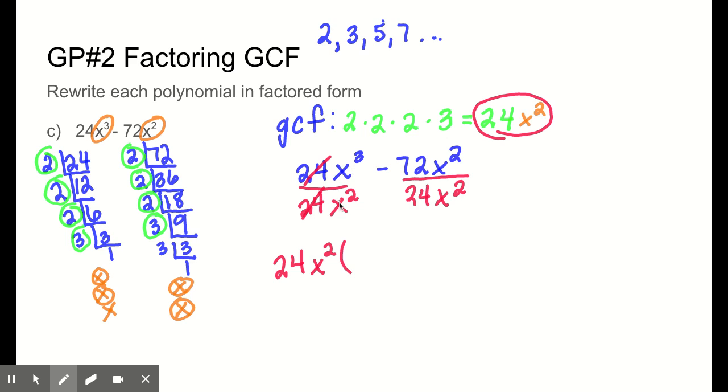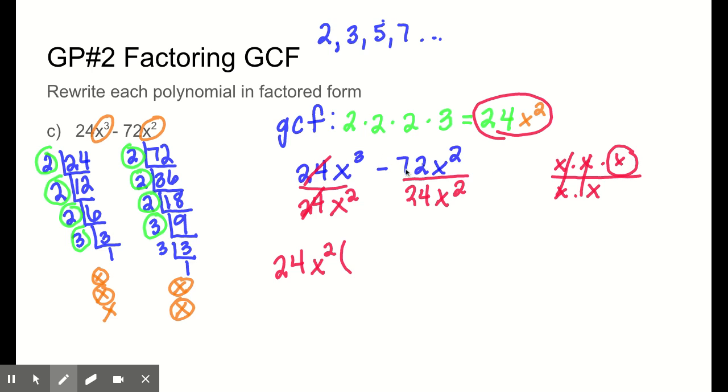Now with the division of your variables, I'm going to break this down for you. If you have x to the third power in the numerator, that's x times x times x. And if you have x squared in the denominator, that's x times x. So what happens here is you divide out however many x's they have in common. x divided by x is 1, x divided by x is 1, and we're left with 1x, or x to the first, in the numerator.